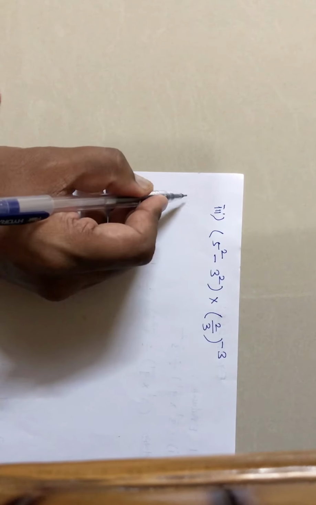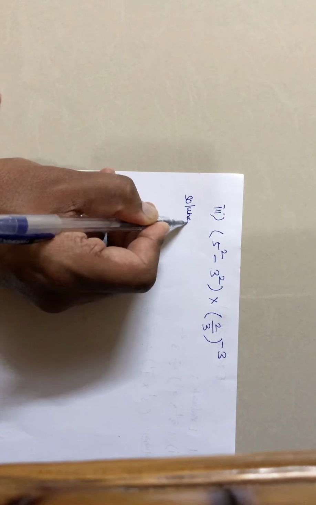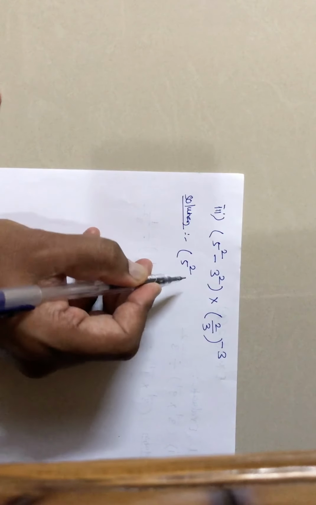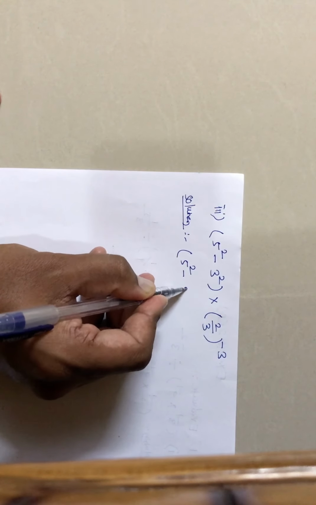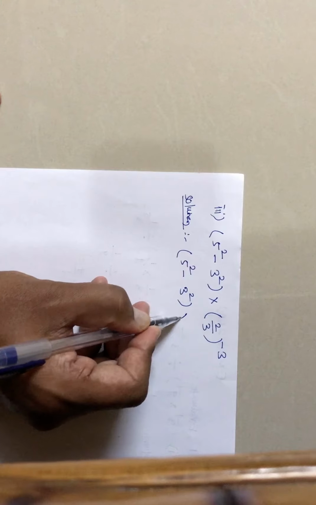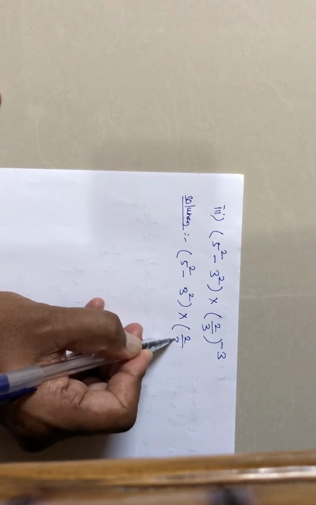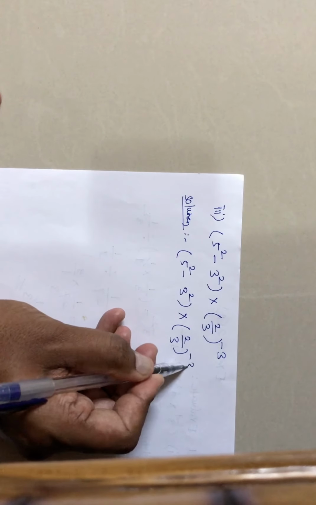We will find out the solution. Solution: 5 raised to the power 2 minus 3 raised to the power 2, multiplied by 2 upon 3 raised to the power minus 3.